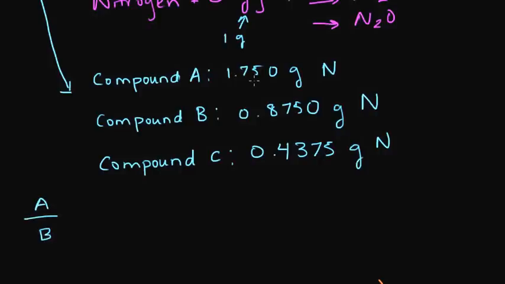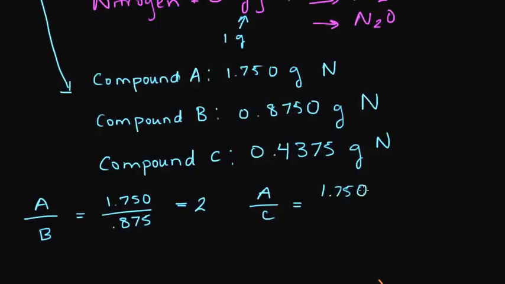The ratio of the amount of nitrogen in A compared to the amount of nitrogen in B is just going to be 1.750 divided by 0.875. And that, if you do the calculation on your calculator, is exactly 2. Okay, that's good. A to C is going to be 1.750 divided by 0.4375. And that is exactly 4.